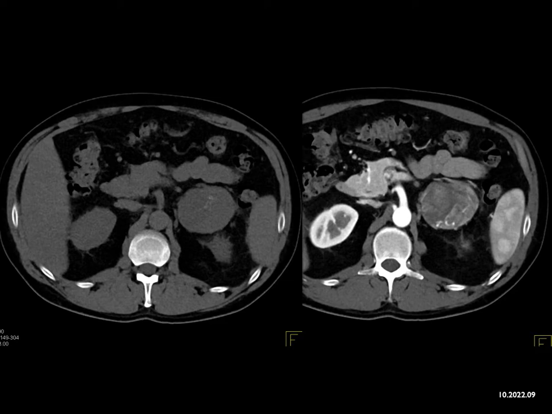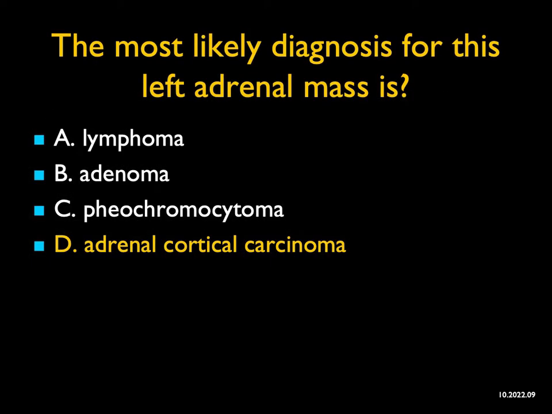If you give me a lesion that's vascular that has calcification, I've got to also be thinking about a primary adrenal cortical carcinoma. So in this case, the differential is pheo versus cortical carcinoma. And I went with an adrenal cortical carcinoma because it's not as vascular as it should be. If you said pheo, I'll give you half credit. The answer is adrenal cortical carcinoma.